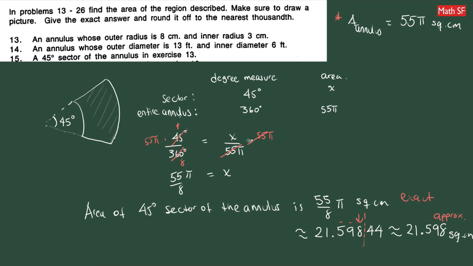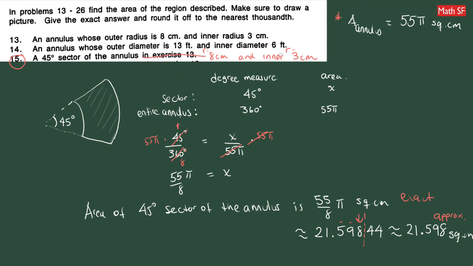I also want you to be aware that just this part could be an entire problem. So maybe they could ask you, find the area of a 45 degree sector of the annulus that has an outer radius of 8 centimeters and inner radius 3 centimeters, inner r and outer R. So they could ask you that.